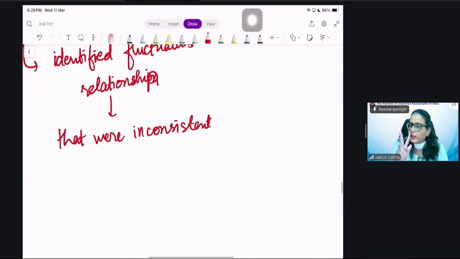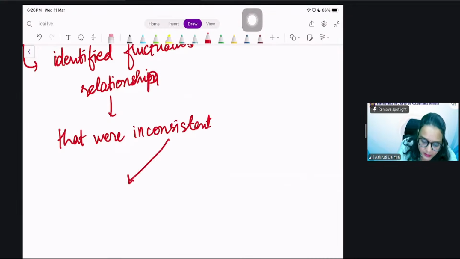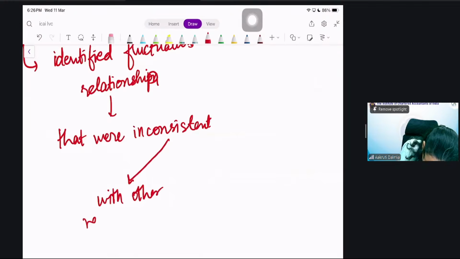Now, inconsistent can be with two things. They are inconsistent with other relevant information. What does it mean?